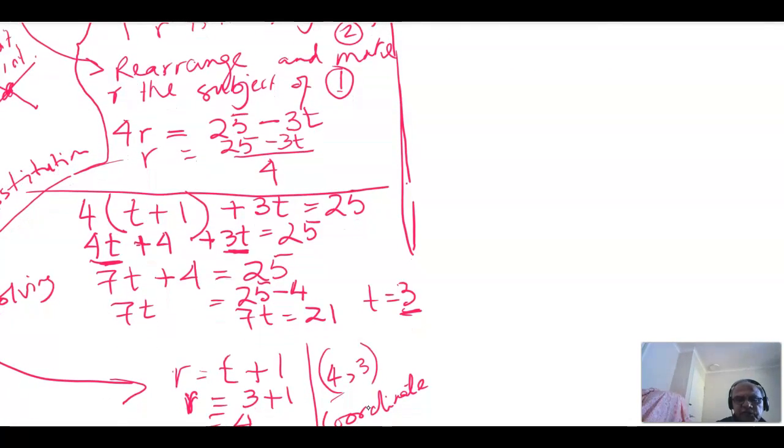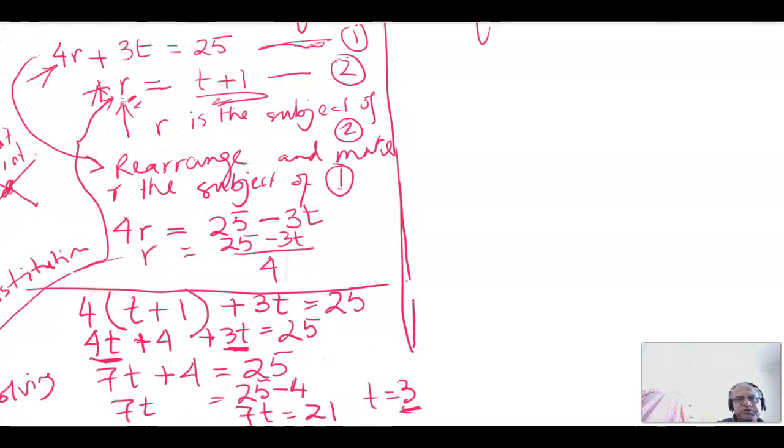And most likely you will be able to read that off the graph. But why are we learning it? Because sometimes the answer could be non-whole numbers, like say 4.1, 3.2 or something like that. In that kind of situation, you've got to use algebra.